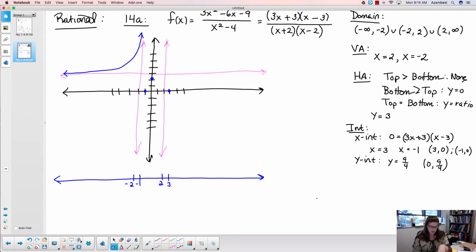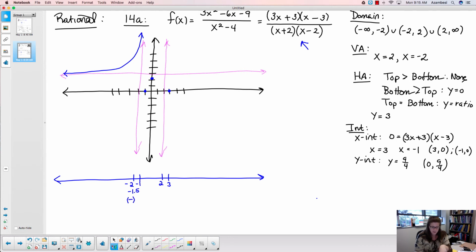Now for my next region between -2 and -1, it is likely going to be down from the bottom, but just to check, let's say we do -1.5 for a value to check. If I'm looking at this piece and I were to plug in -1.5, then my first bucket, -1.5 times 3, is a number bigger than 3.